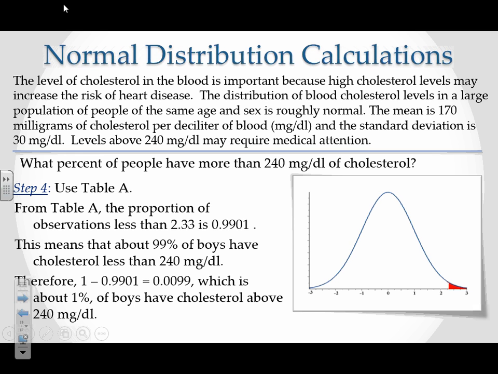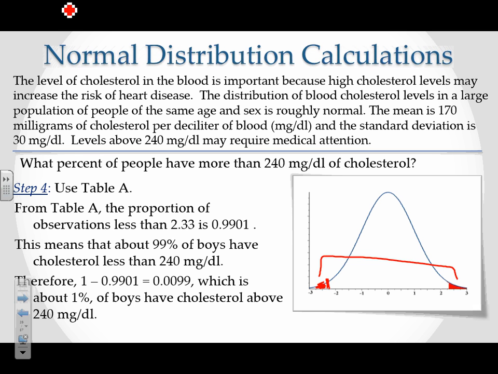So what Grace is pointing out here is, if I were to look at it as a to-the-right type of problem, I have to look my value up and subtract from 1 to get the actual value I want. What she's saying is, well, couldn't we look at negative 2.33 and look at the left value, since these two tails should be exactly the same, right?